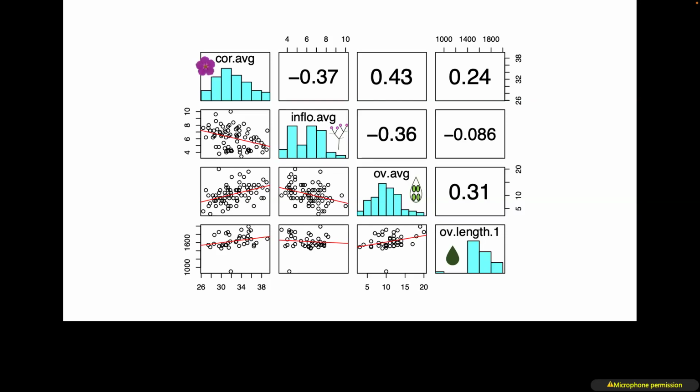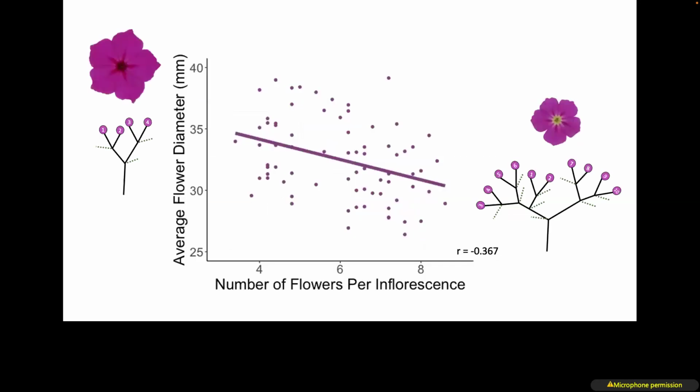So if we look at each of these individually, we'll go ahead and start with flower size and number. We do see our negative trade-off within the F2s. So there's a negative relationship between flower size and the number of flowers per inflorescence. This likely means that there's also a genetic correlation between them.